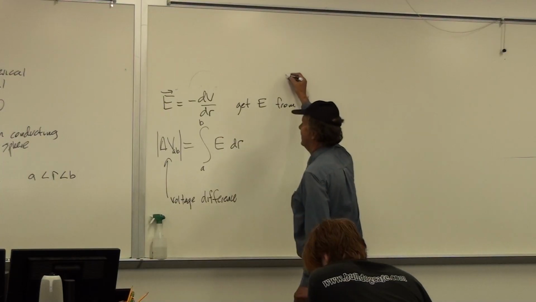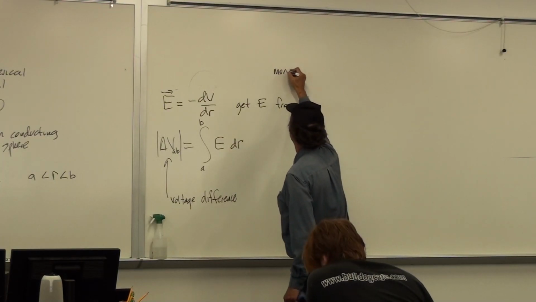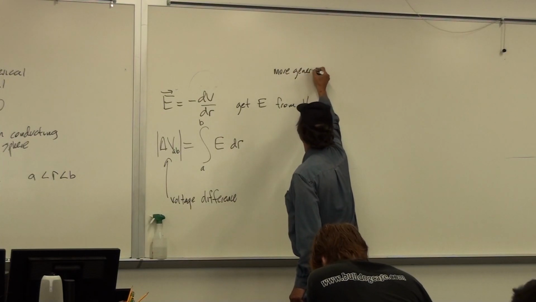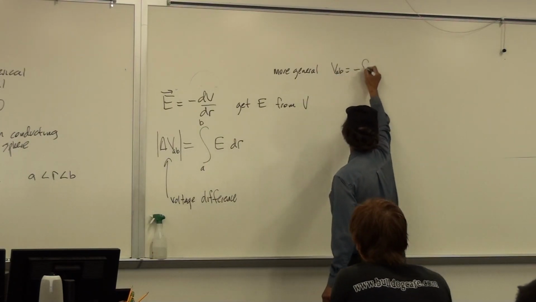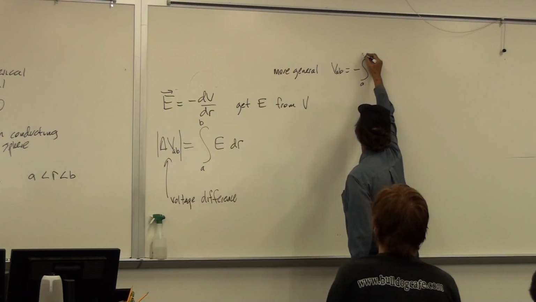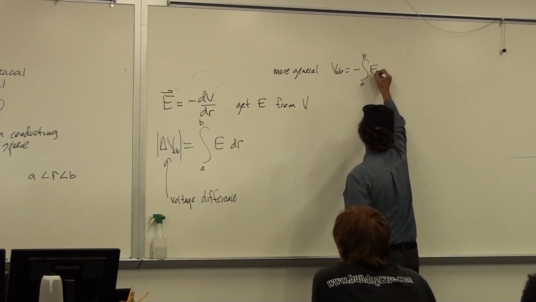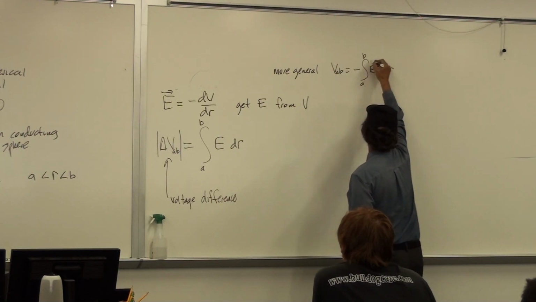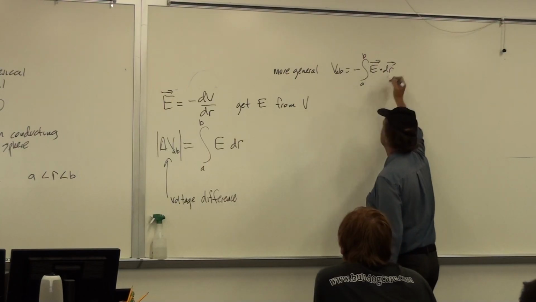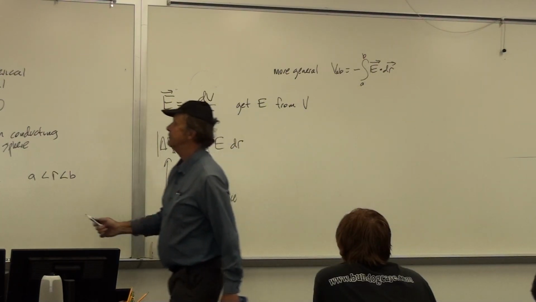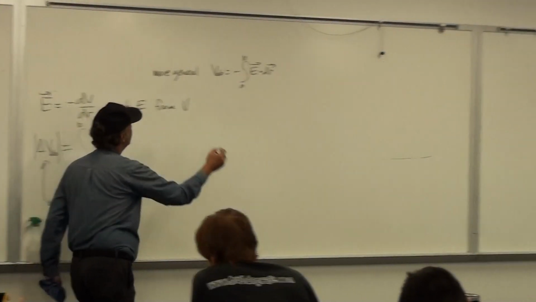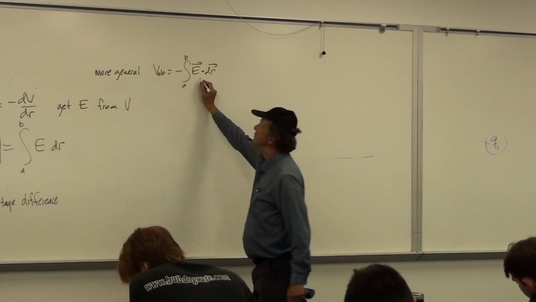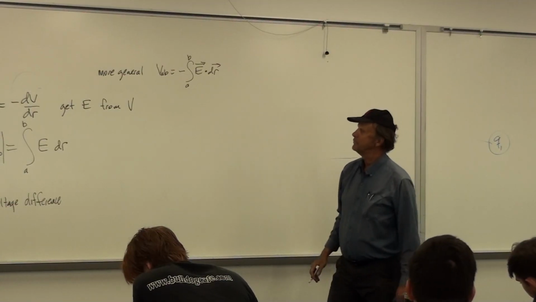The more general form is VAB equals minus the integral from a to b of E dot dr. So it depends on which way you're going. If you go from positive to negative, then this is going to be a negative value because you're going with the electric field.